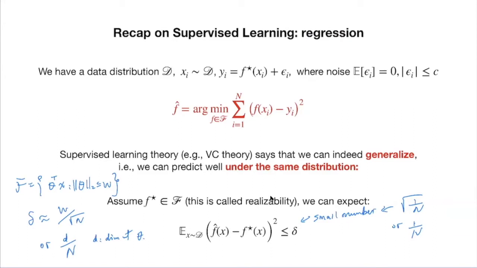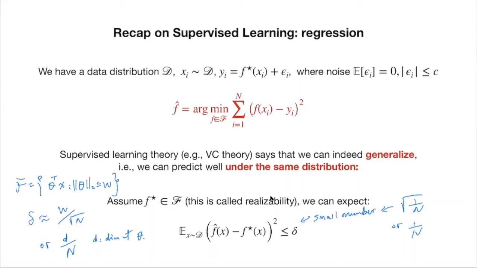The first bound basically says that I can do infinite dimension linear regression as long as my weight vector is bounded. That's why kernel works, because kernel is infinite dimensional, and kernel works because we can get these kinds of bounds. Our bound only depends on the norm of our predictor, so it could be infinite dimension.